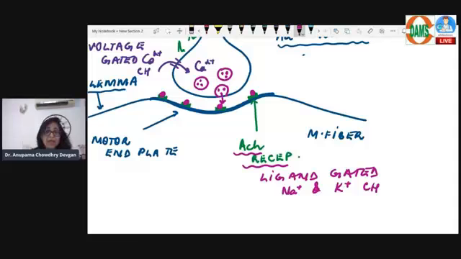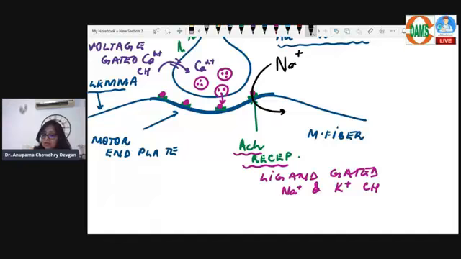Right? Now, if these are ligand-gated sodium and potassium channels, I've already discussed earlier that if a channel opens up, then that ion will move from higher to lower concentration. So if a sodium channel opens up, there is influx of sodium through these channels. Sodium will come from outside to inside.